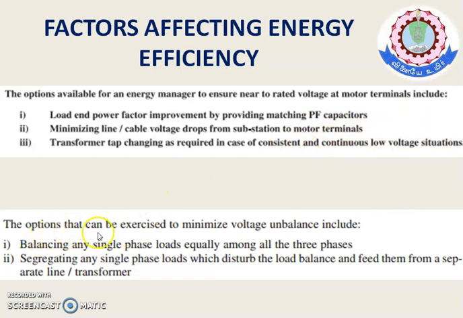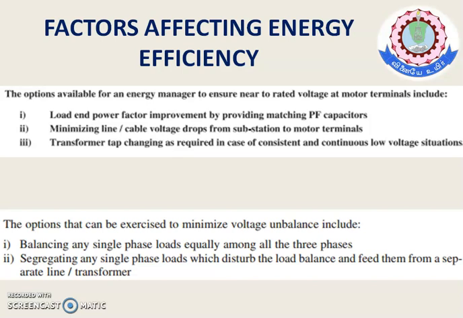The options that can be exercised to minimize voltage unbalance include balancing any single phase loads equally among all three phases. Simple. Suppose in your houses you have a 3-phase supply. All your loads are evenly distributed in all 3 phases, so you won't get any minimum voltage.